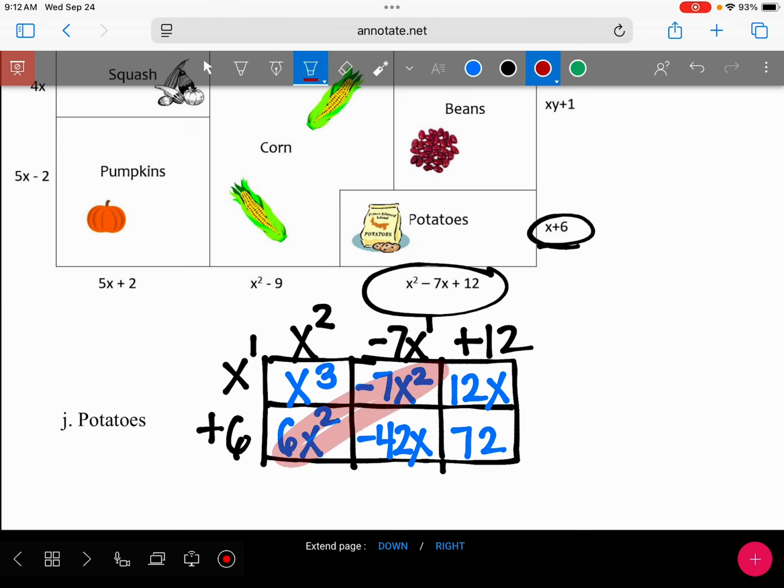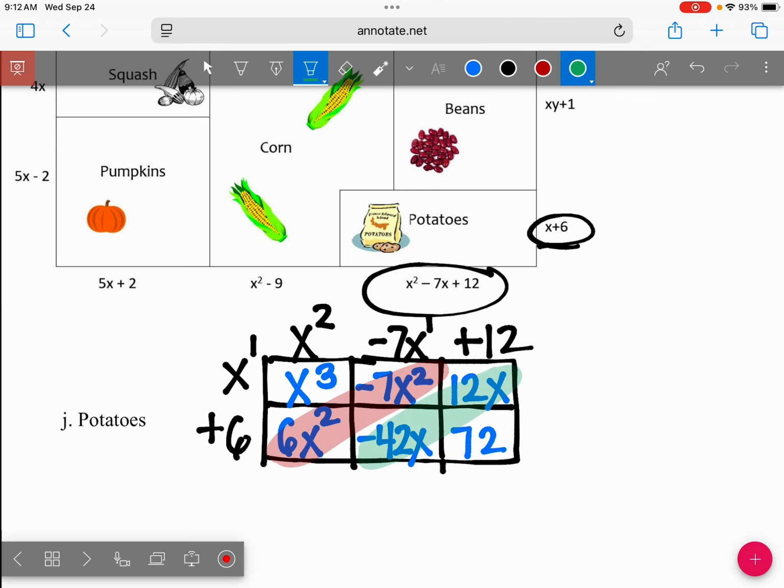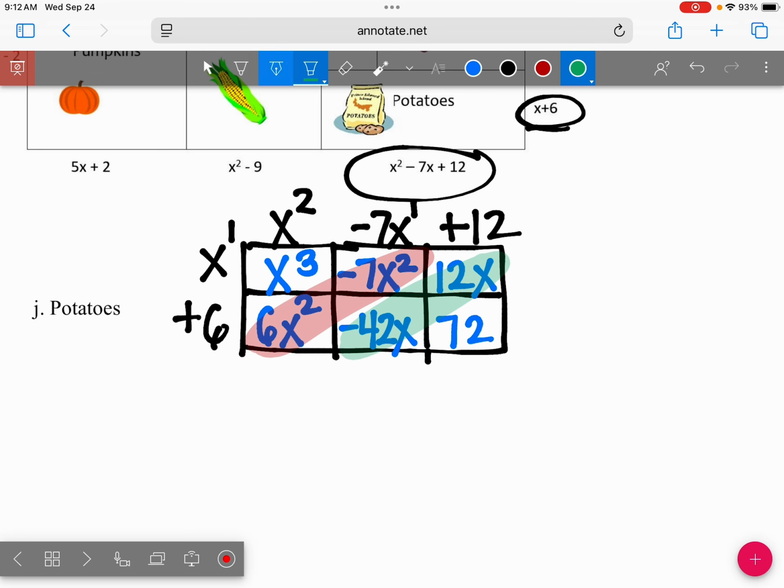So we have to add these together and add these together. So my final answer would be x cubed. Now you want to add these together. Now when you're adding, you don't change your exponents.